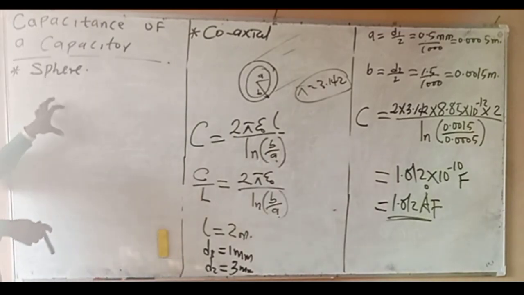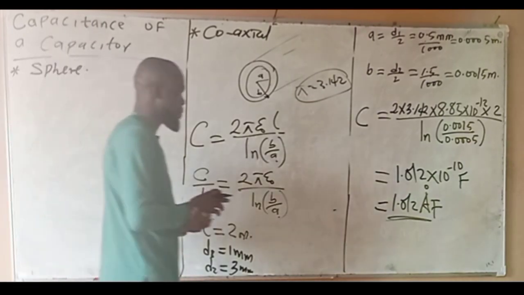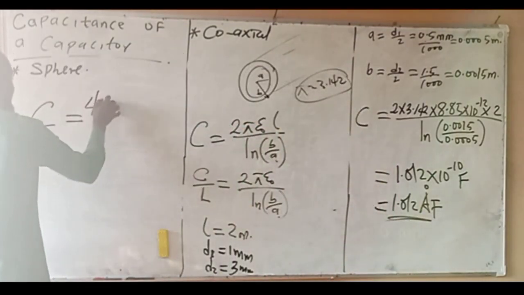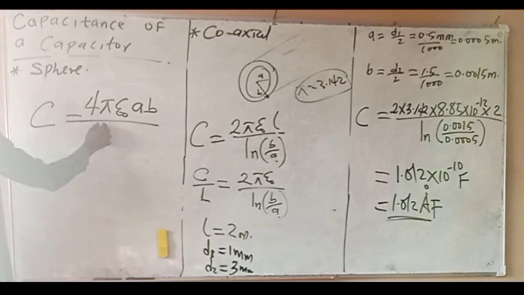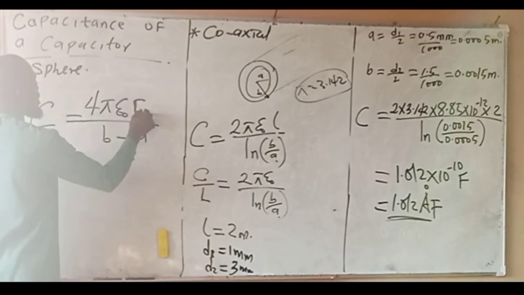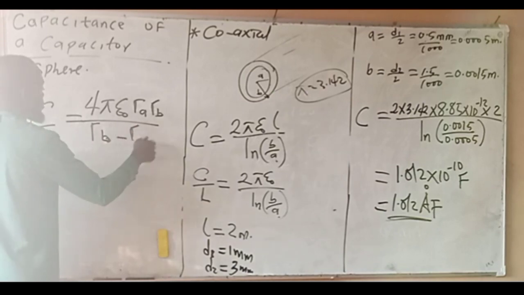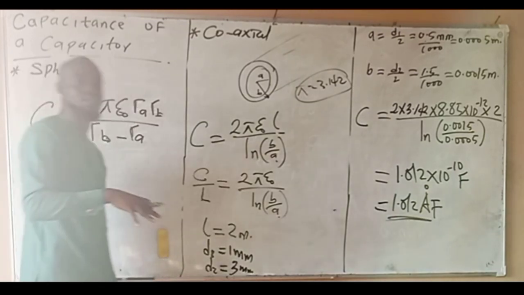To obtain the capacitance of a spherical capacitor, we use the relation that the capacitance will be equal to 4 pi epsilon naught AB over B minus A. In some texts, you see it this way: R_A, R_B over R_B minus R_A. Here, R_A is the internal radius, or inner radius.